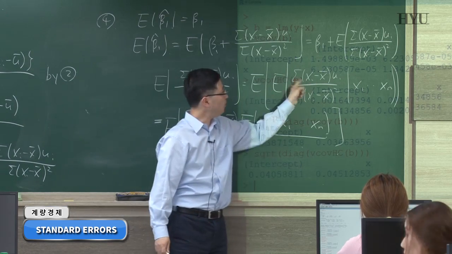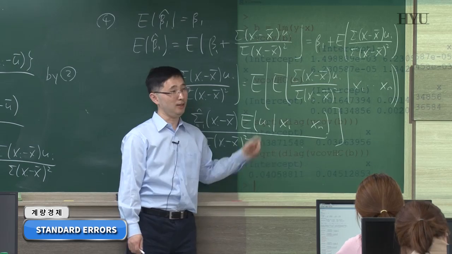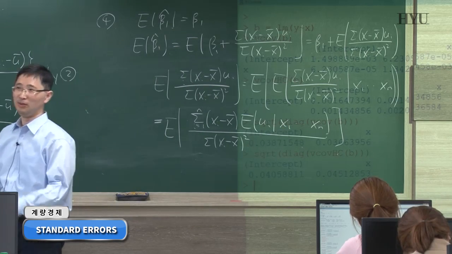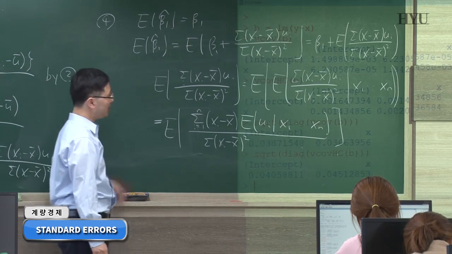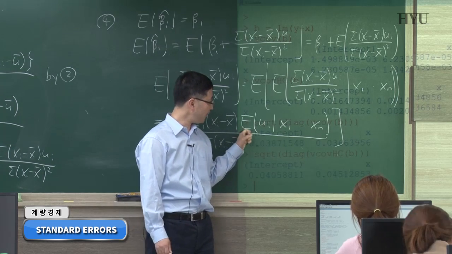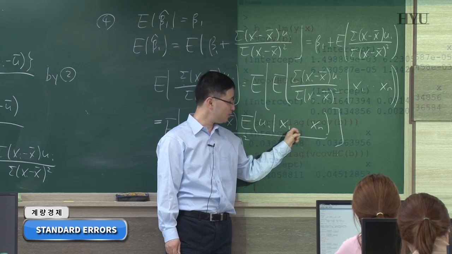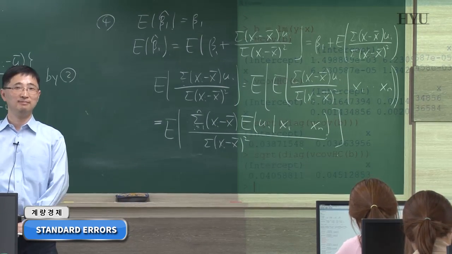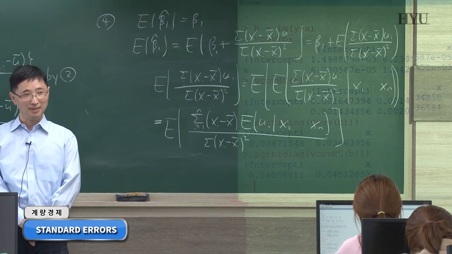So all of these go out, everything goes out, except ui, because we do not know the value of ui. So we still have to apply the expectation. Now what is left is, what is the expected value of ui given that you know the value of x1, x2, x3, and everything? It has to be 0. Can you tell me why?